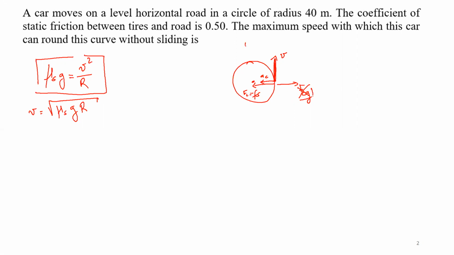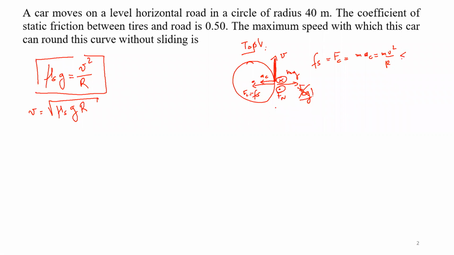Since this is a top view, of course, here the weight is pointing downward. This is mg downward, and you have the normal force pointing upward, right? Now the centripetal force here is just m a_c, which is m v squared over r. And here, by the way, it is equal to Fs, the static friction between the tires and the road.